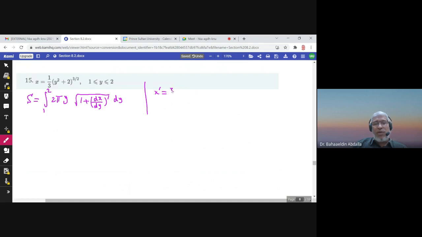X prime would be 3 over 2, times 1 over 3, times y squared plus 2 to the power of 3 over 2 minus 1, which is half, times the derivative of y squared plus 2, which is 2y. 2 cancels with 2, 3 cancels with 3. So x prime is in fact y times the square root of y squared plus 2.